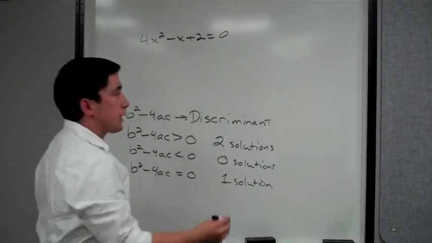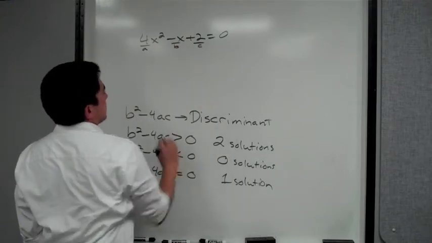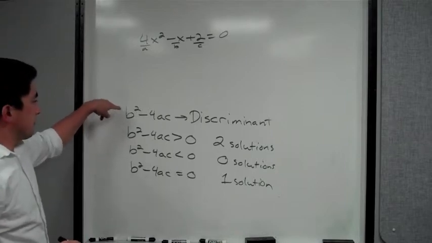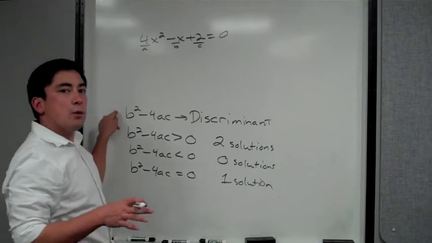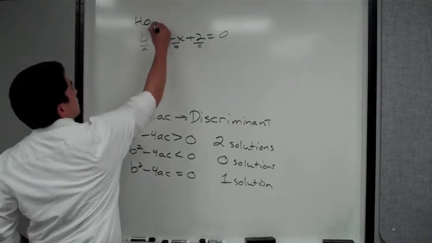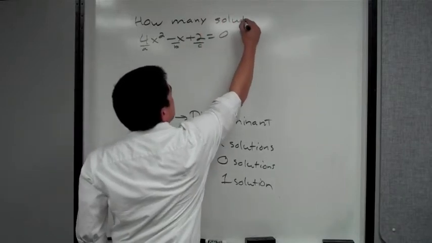Alright? So again, this is A, this is B, this is C. So all we have to do is set up our discriminant, and it'll tell us how many solutions there are. Okay? Again, the directions would read how many solutions.